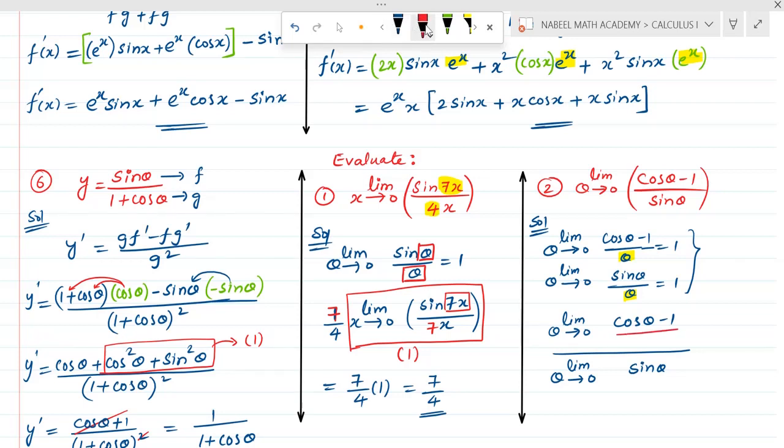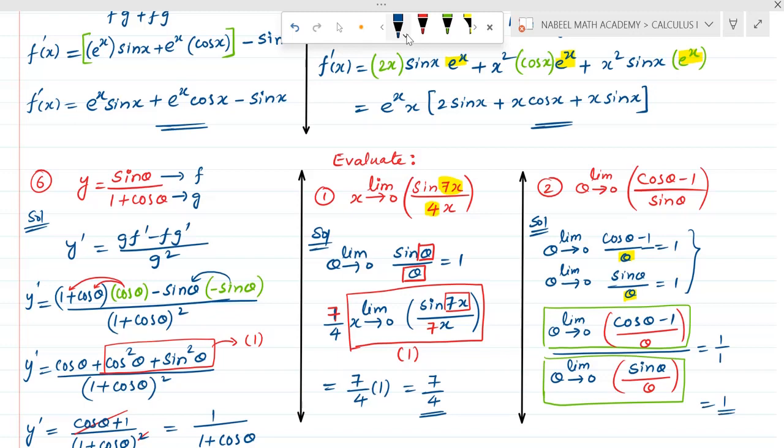For that, I divide by theta here and I divide by theta here. So if you cancel, you will get the same thing. Now for the numerator, the entire part is equal to what? Equal to 0 as per the note. And this is equal to 1. So therefore the value will be 0 over 1. So the answer will be 0.